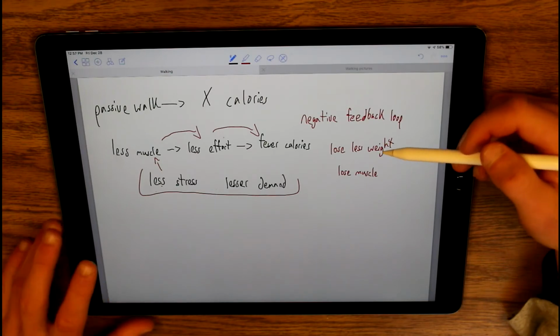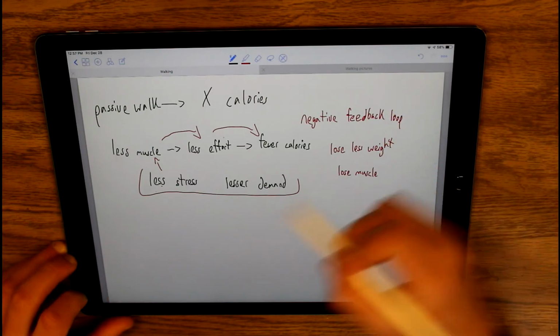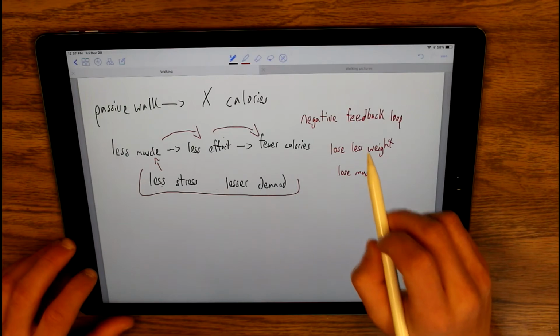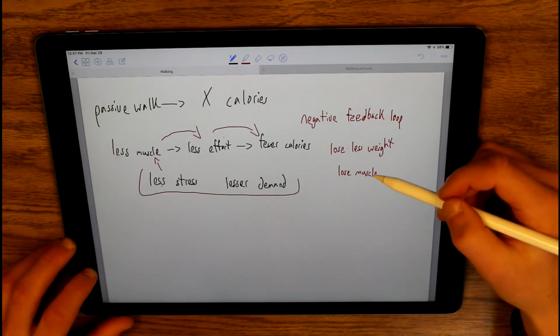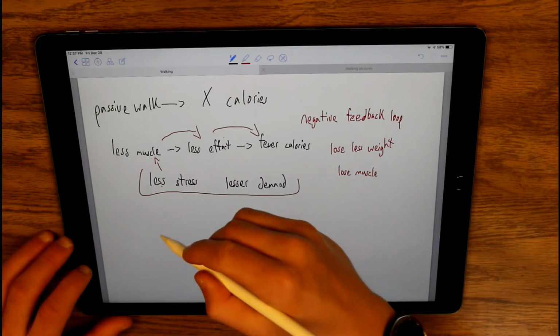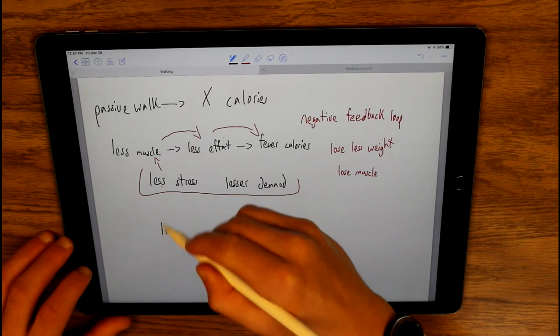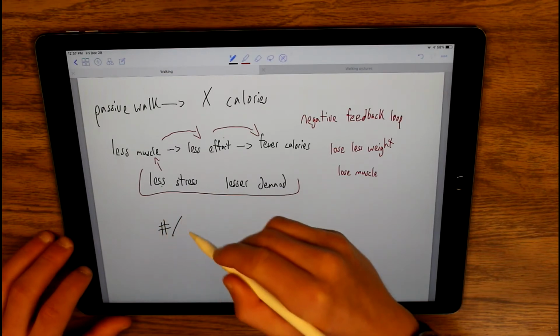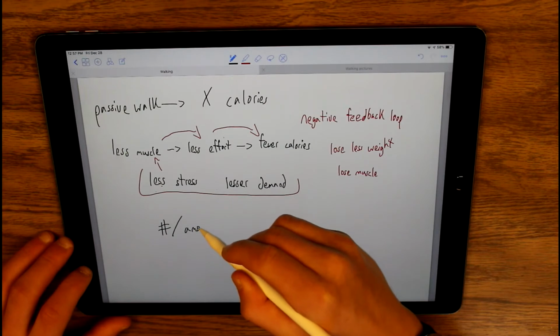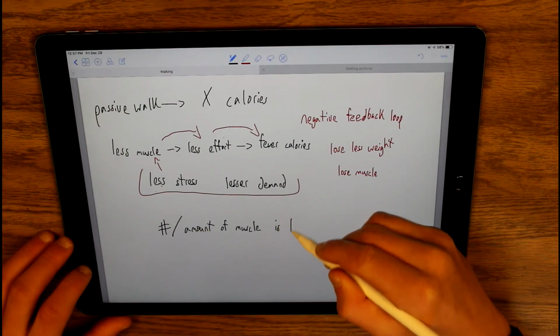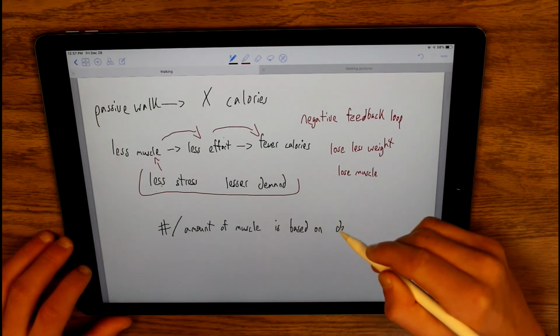And in fact, it is going to result in, if anything, not just losing less weight, but you're going to be losing more muscle. Because the amount of muscle you have is based on demand.